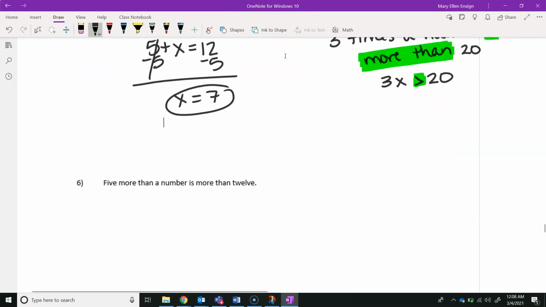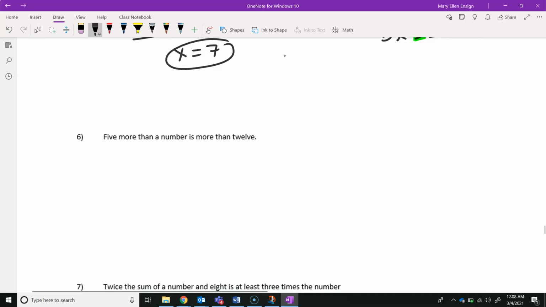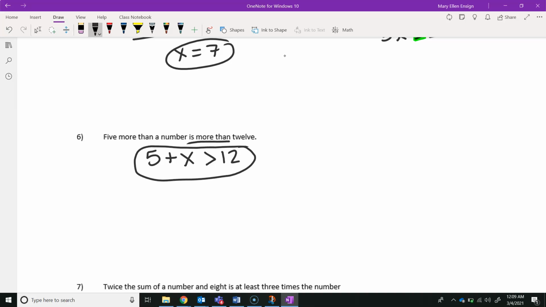Okay, let's look at the next one. 5 more than a number is more than 12. That's a red flag there. That's going to be an inequality. So it's more than 12. So 5 more than a number is more than 12. If you need to take a minute or two with that, you can pause the video and think about that one.